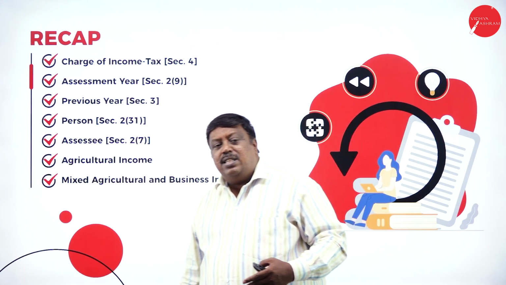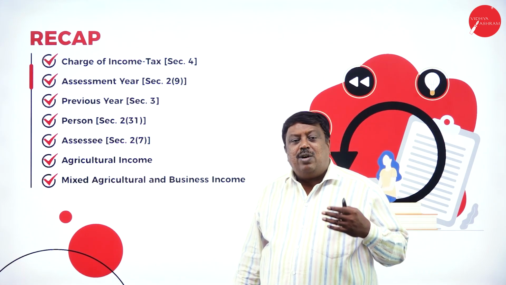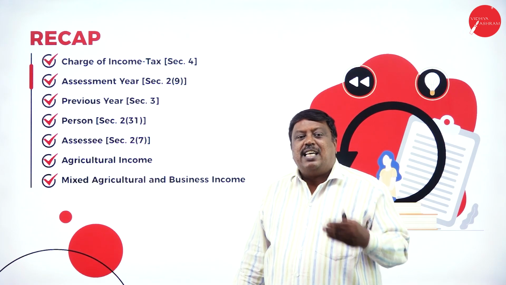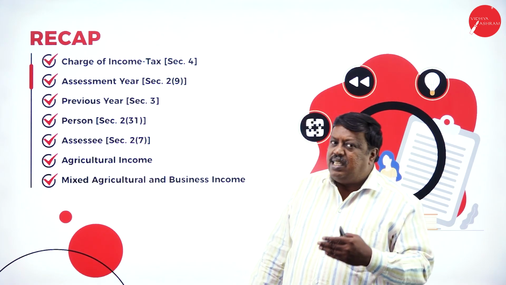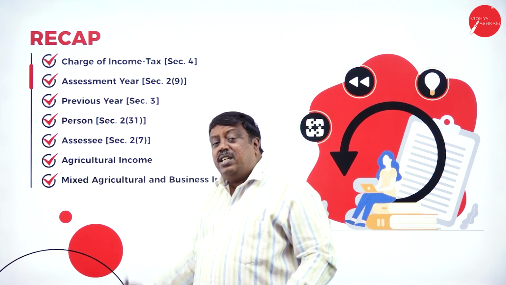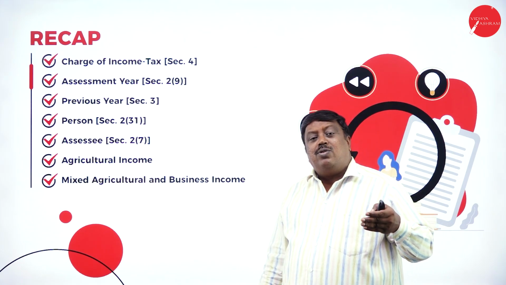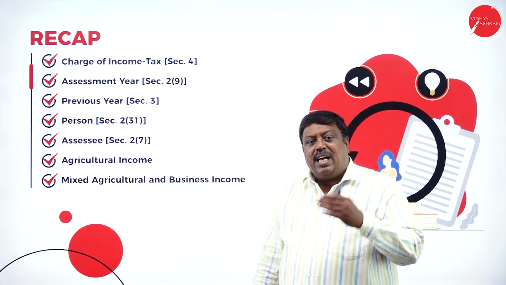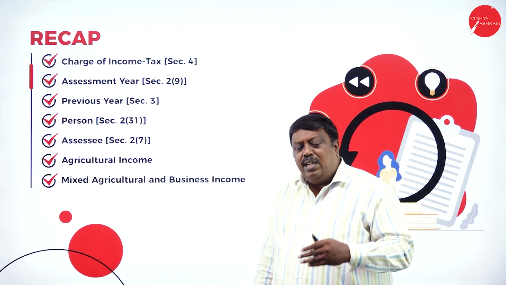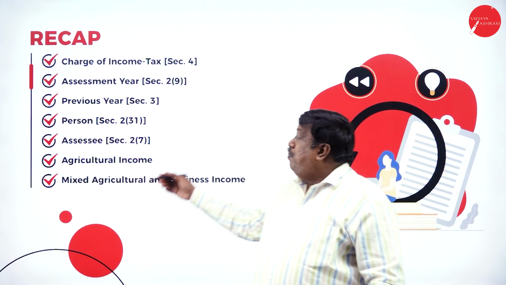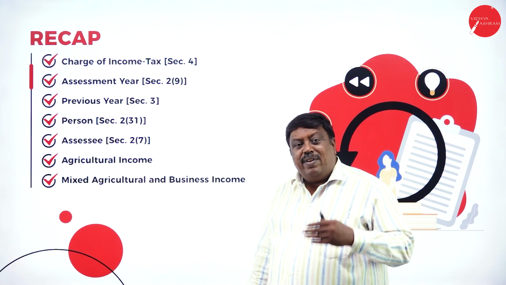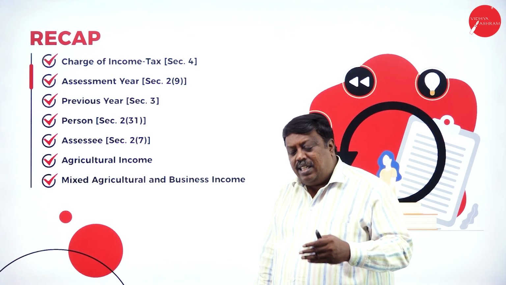Assessee is a person who, directly or indirectly, is liable to pay tax as per the Income Tax Act 1961. Assessment year is the year in which we assess the income of the assessee which has been earned during the previous year. Previous year is the year in which the assessee has earned the income.